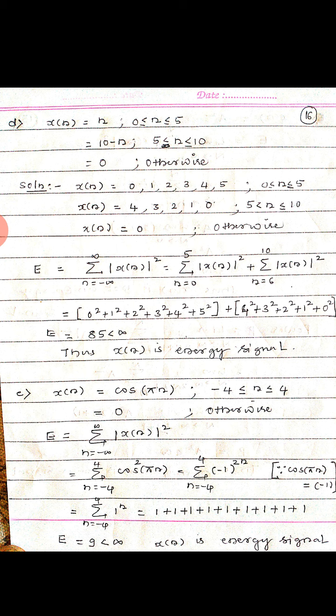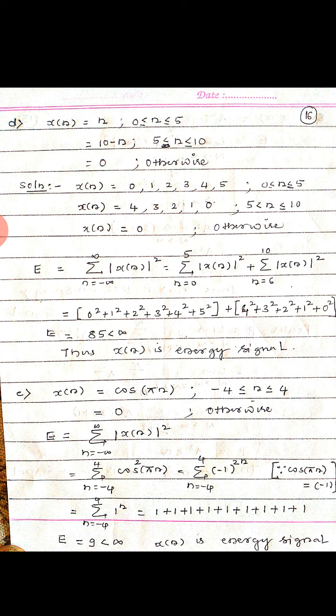You just substitute n values from 6 to 10 in the expression 10 minus n. When you substitute n is equal to 6, 10 minus 6 is 4. Next substitute n is equal to 7, 10 minus 7 is 3. Like that, when you substitute n is equal to 10, 10 minus 10 you will get 0.